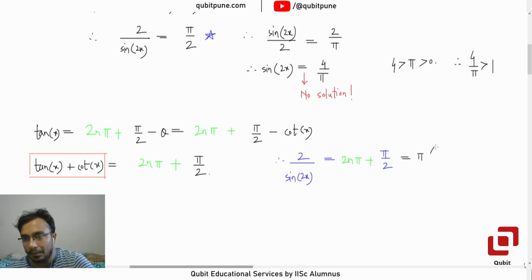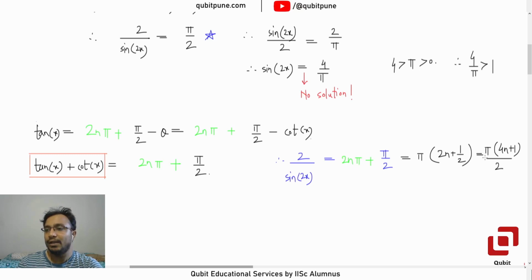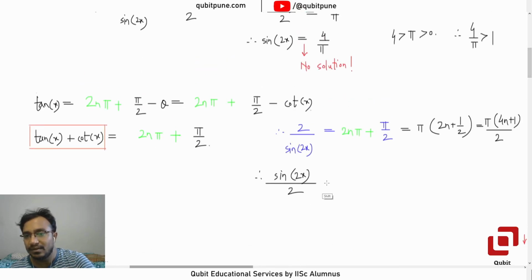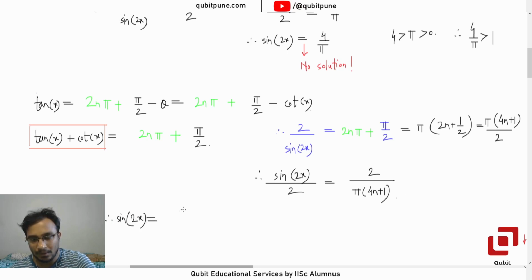We can take pi common, so it will be 2n plus 1 upon 2, or pi into 4n plus 1 by 2. Now take the reciprocal, which makes it easier for us. So sine 2x by 2 is equal to 2 upon pi into 4n plus 1, and therefore sine of 2x is equal to 4 upon pi into 4n plus 1.